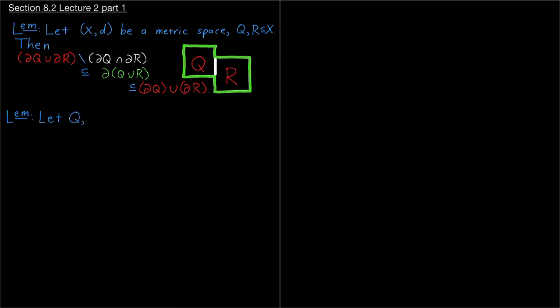understandable. So let Q and R be two polygons, and we're going to let P be their union.